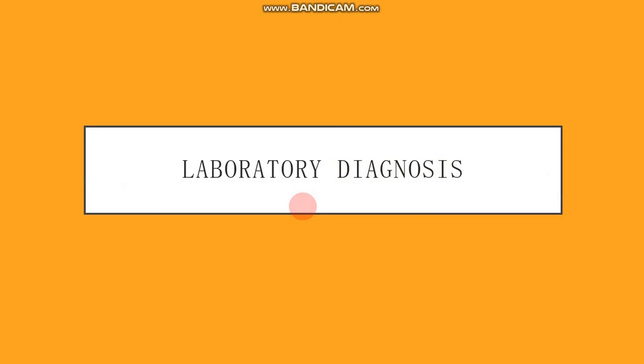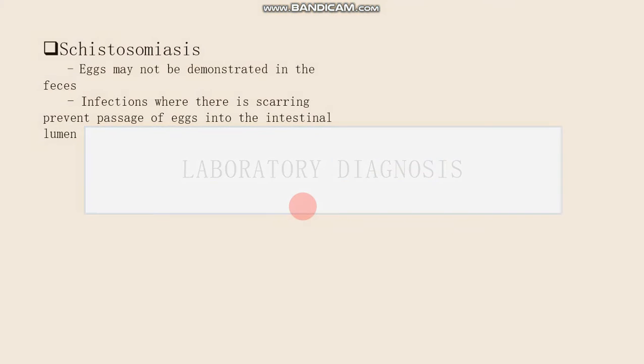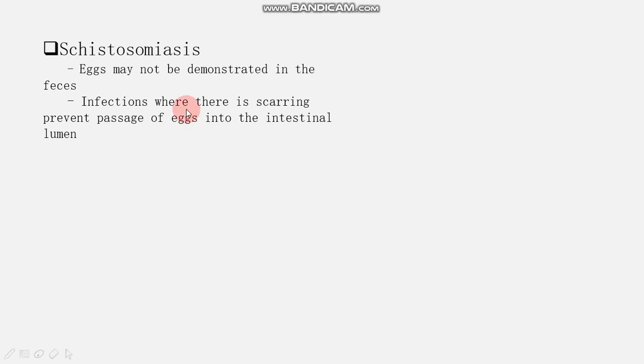Next, we have the laboratory diagnosis. Schistosomiasis, or snail fever or bilharzia, is caused by parasitic flatworms called schistosomes, where eggs may not be demonstrated in the feces. Infections where there is scarring prevent passage of eggs into the intestinal lumen.